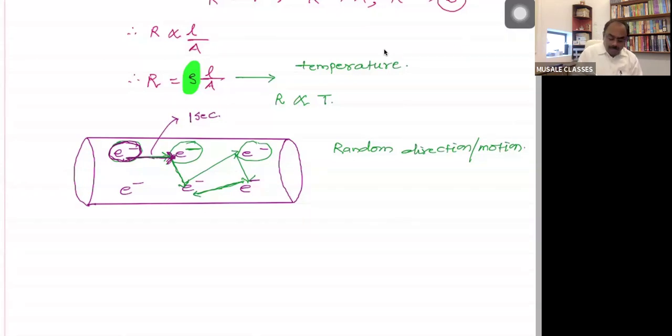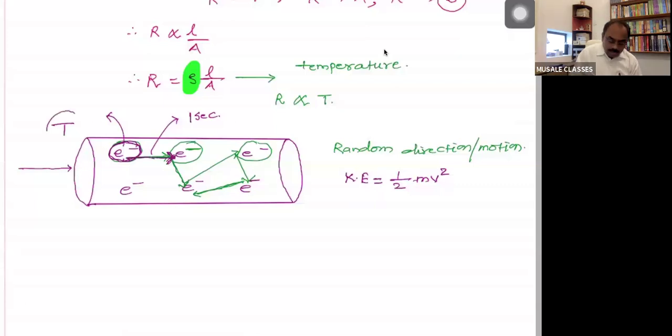What happens when we increase the temperature? When the electron is moving, it has kinetic energy, and that kinetic energy is given by half mv square. This is our formula for kinetic energy. Suppose at room temperature it takes 1 second.